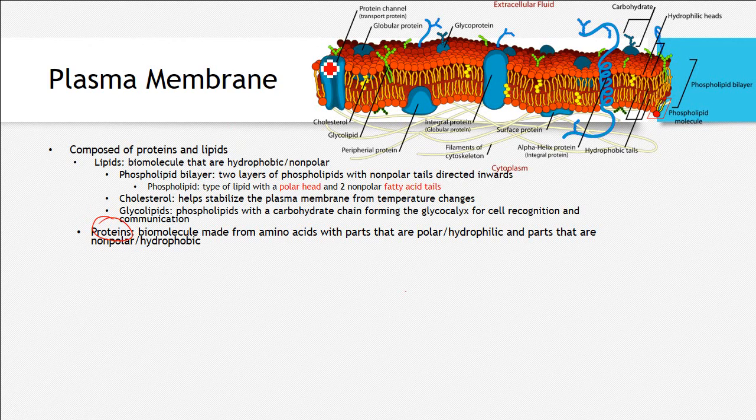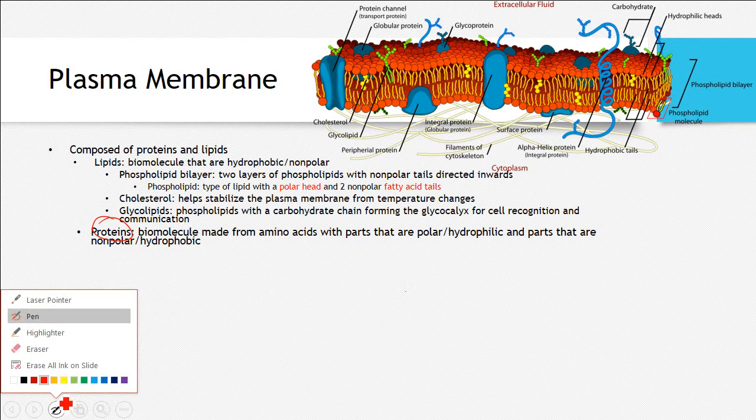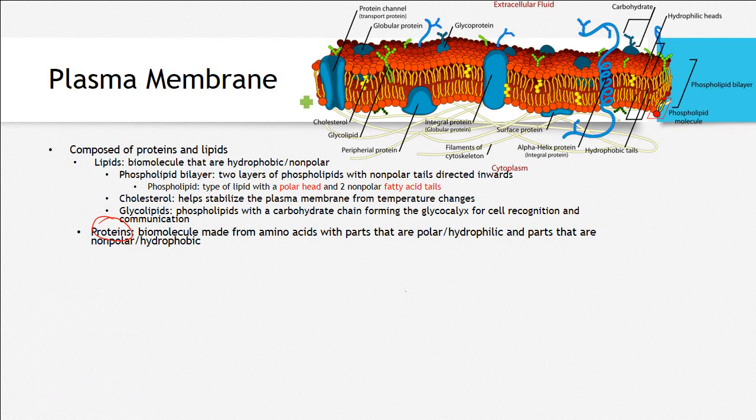And with proteins, there are parts of it that are going to be hydrophobic and parts of it that are going to be hydrophilic. The parts that are going to be closer to the outside of the cell or inside of the cell are going to be hydrophilic, while those that are going to be within the plasma membrane itself are going to be hydrophobic.